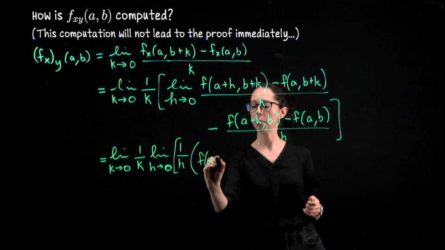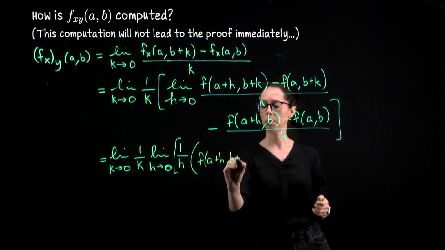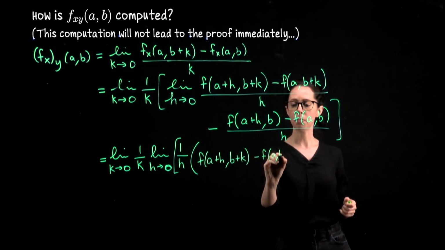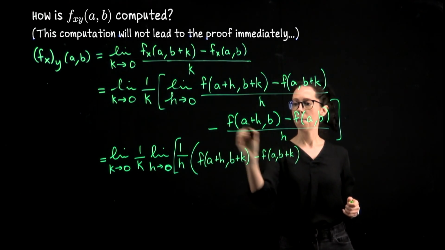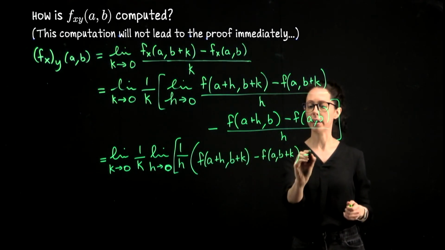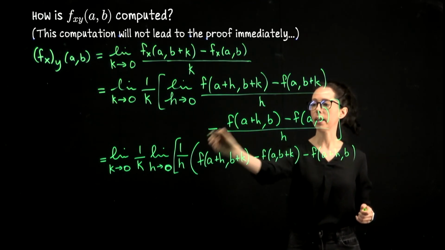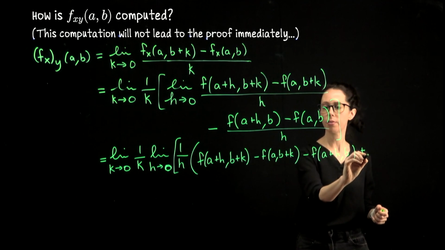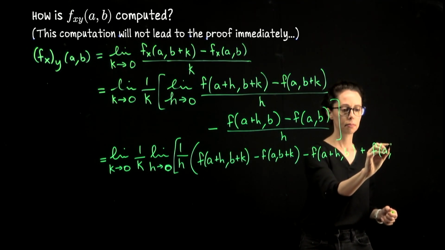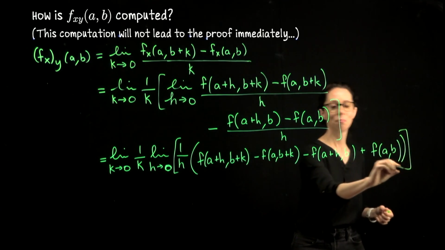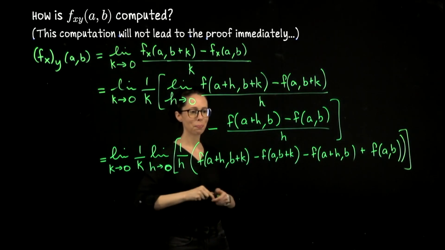So f of a plus h, b plus k, minus f of a, b plus k, minus, careful with the negative here, minus f of a plus h, b, minus minus, so plus f of a, b. I think I have more parentheses than I need, but here we go.